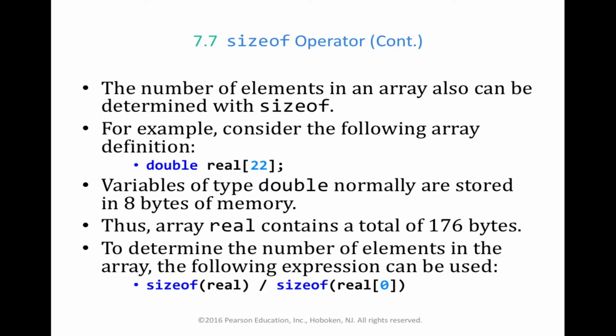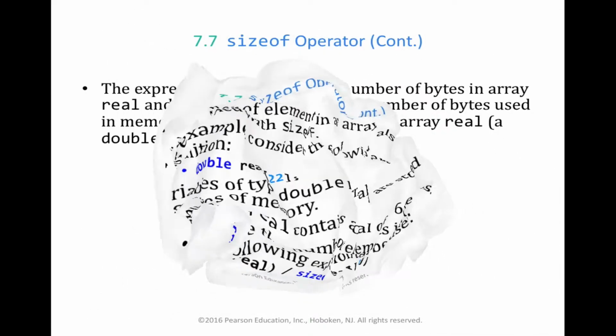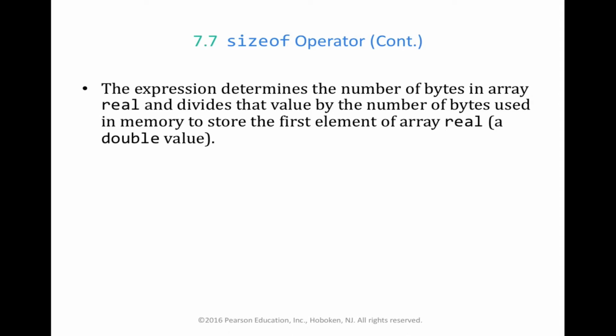Basically, by taking the size of the first item in real, we are getting the size of the data type. We are determining the size of the data type at runtime, so we don't have to worry about knowing what those definitions are in the headers.